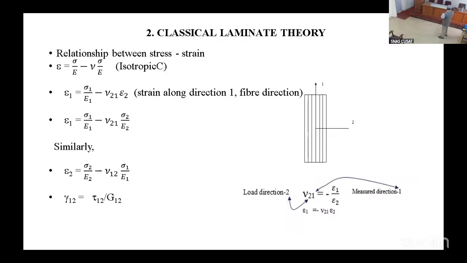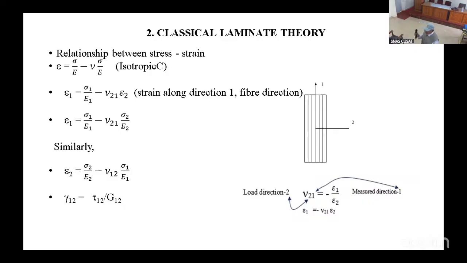So epsilon 1 is equal to minus nu 2 1 into epsilon 2. What is the strain coming in this direction when you apply load in the second direction? You measure the strain in the first direction. Then only you can add both strains along the first direction.